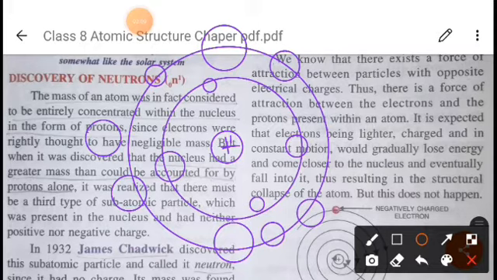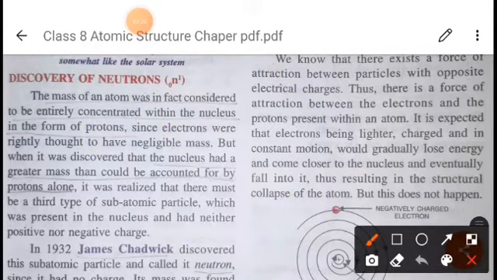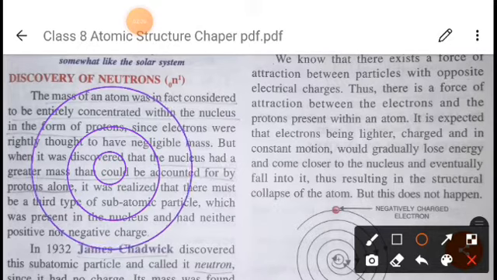What I mean to say is, suppose this is an atom, and this is the nucleus. In the nucleus we have come to know that there are protons.